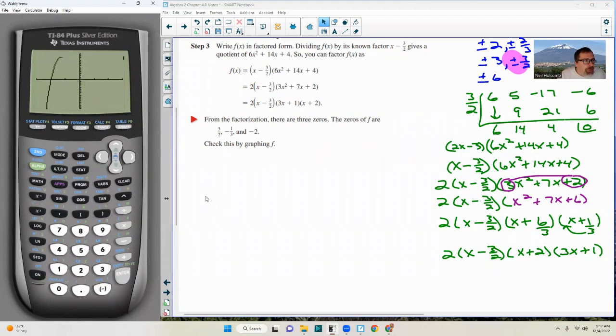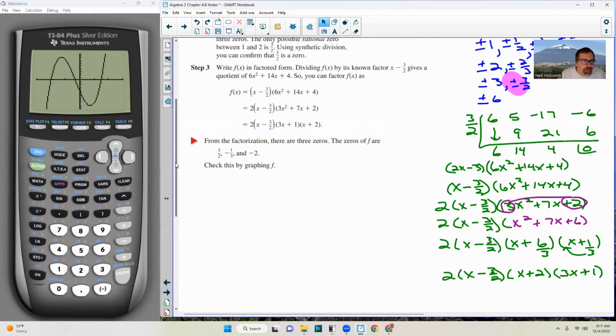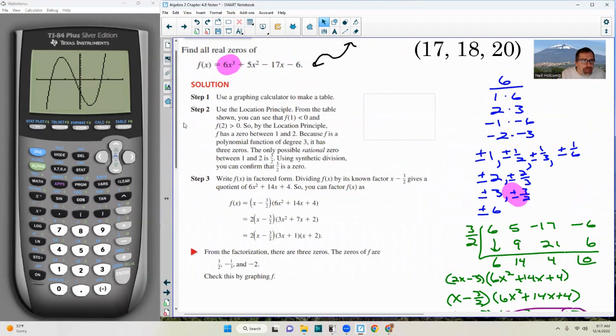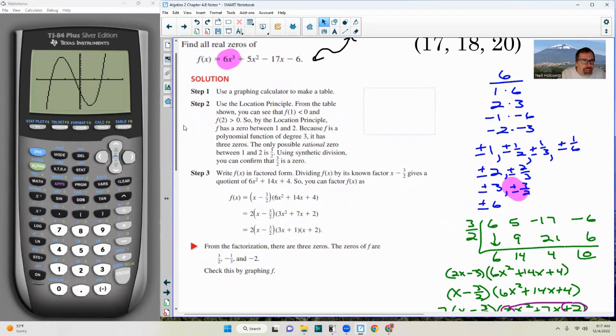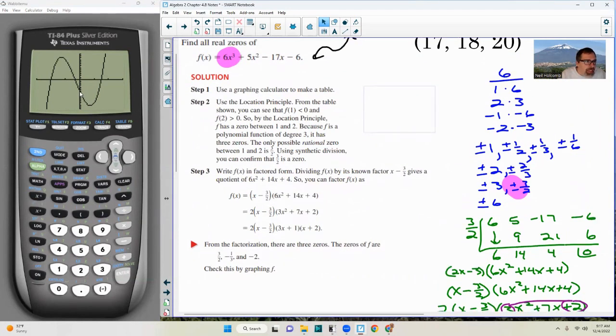Okay, so now let's see what that looks like. There it is, beautiful. So there is the function that we started with up here: 6x³ plus 5x² minus 17x minus 6. Here's -6, that is our y-intercept. We have zeros at -1/3 here, -2 here, and 1.5 right here.